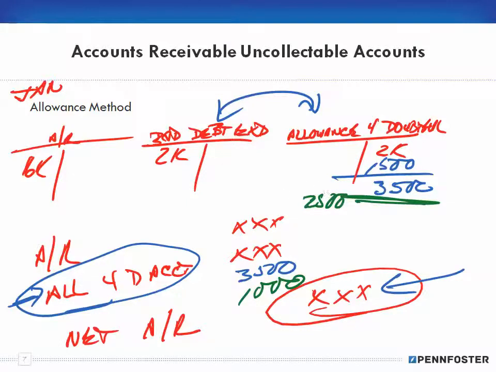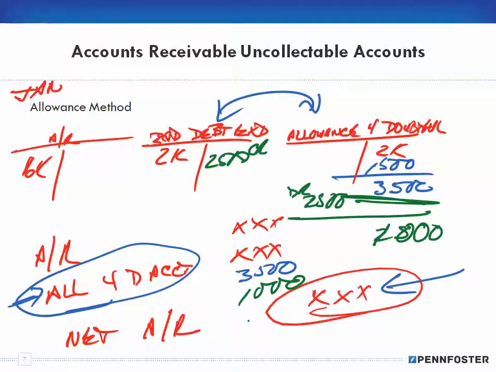And if I have a debit to the allowance, I have to credit something else. So I'm going to credit my bad debt expense for $2,500, in order to have the balance in my allowance for doubtful accounts be $1,000. Okay, so I've kind of said the same thing now 3 different times in this video.